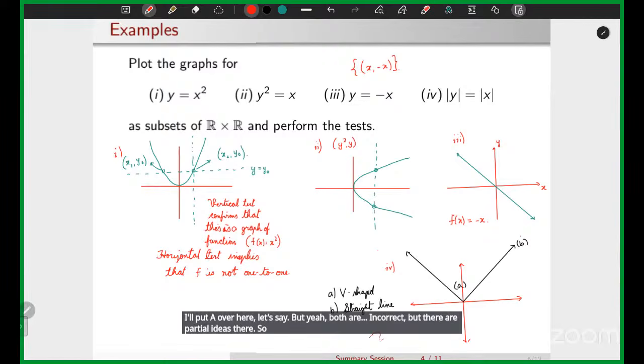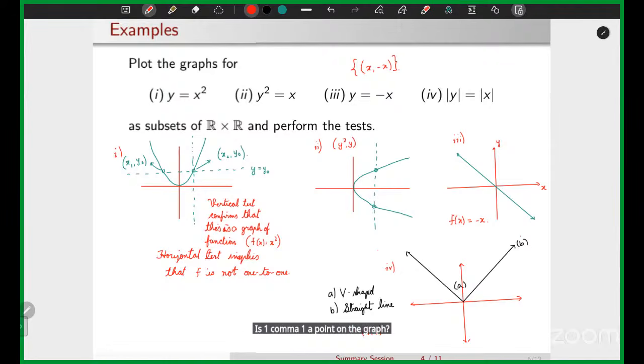So first of all, let's see. Is (1, 1) a point on the graph? Yes. Okay, is (1, -1) a point on the graph? Yes, because |x| equal to |y| is satisfied. Now, is (-1, 1) a point on the graph?